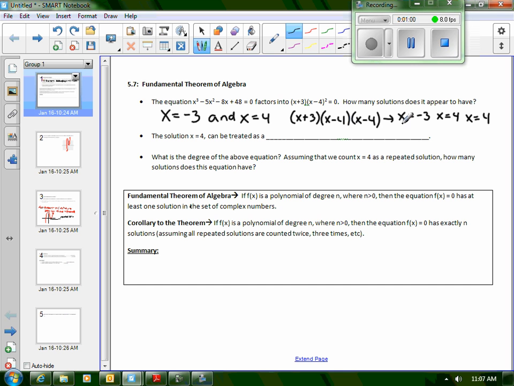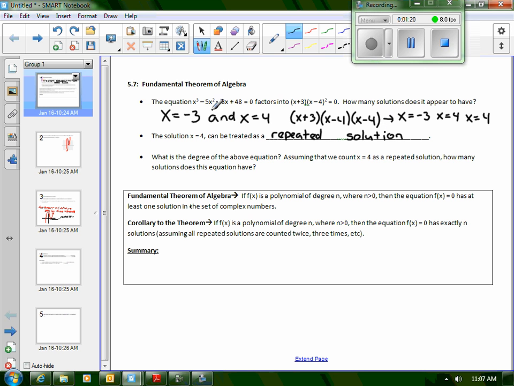And occasionally in these problems you get a solution that can be treated as something called a repeated solution. In this problem, that's what 4 is going to be, a repeated solution.